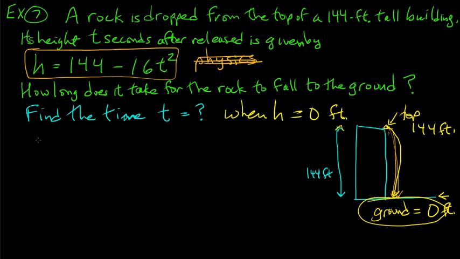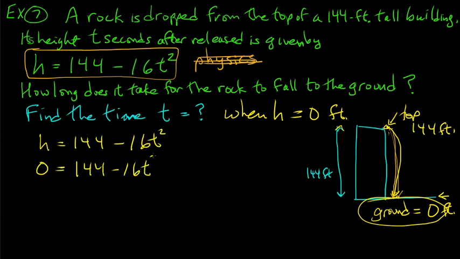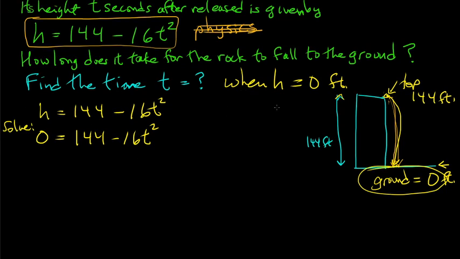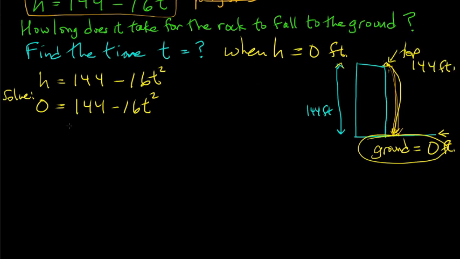So here's the equation. H is equal to 144 minus 16t squared. But if h is 0, then you're on the ground. And now we can solve this equation for t. Okay. So there's the equation. Now, if it looks backwards to you, that's because it probably is.